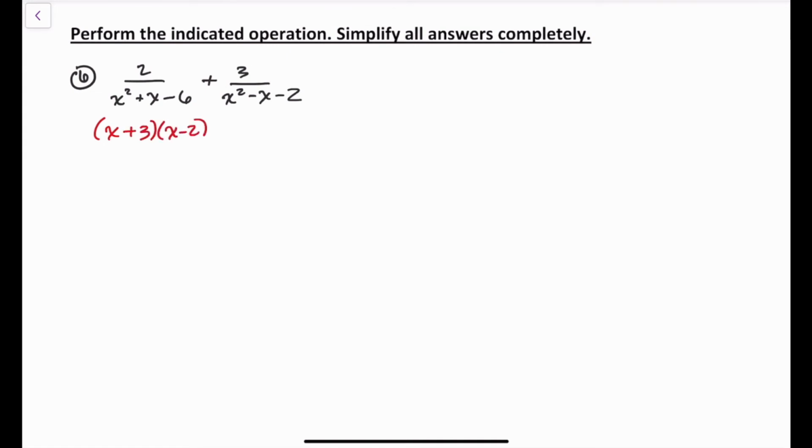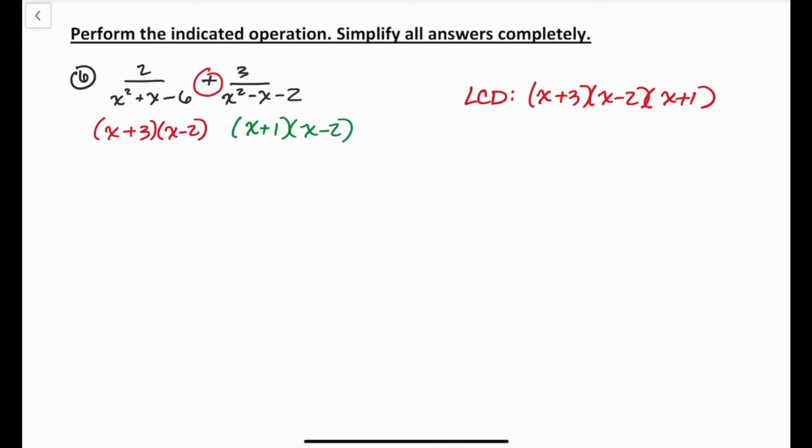So number 6, again we're adding. Let's identify the least common denominator. So in order to do that, I want to factor. So what is the least common denominator? Well, I need x plus 3, and I need an x minus 2, and an x plus 1. So I need one of each of those factors in the denominator.